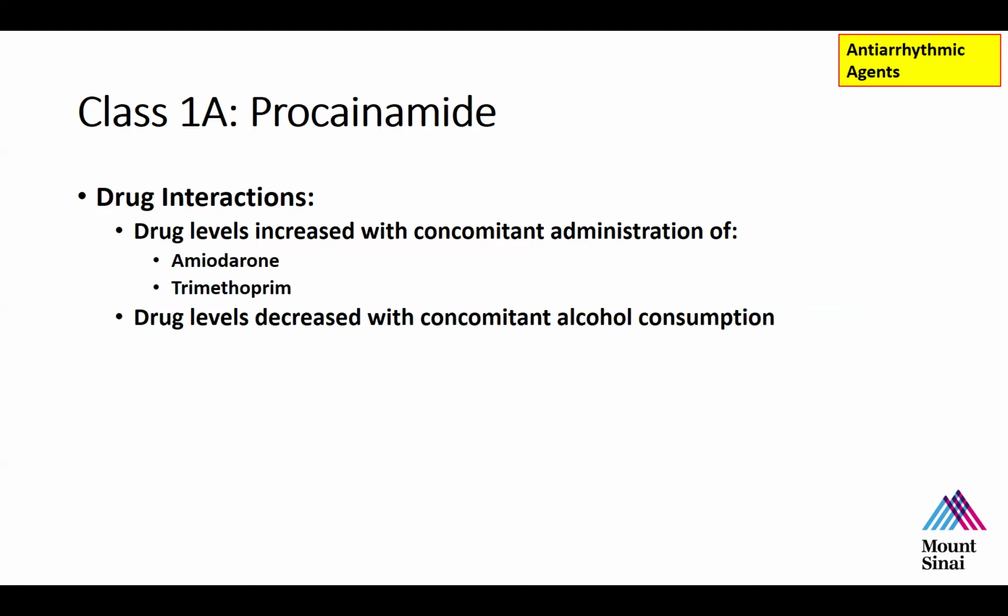So if we see a clinical response and the electrocardiogram doesn't look as if the QT is extremely long or the QRS is very long, we typically don't measure the levels because we're expecting to discontinue the agent within the next few hours to days.